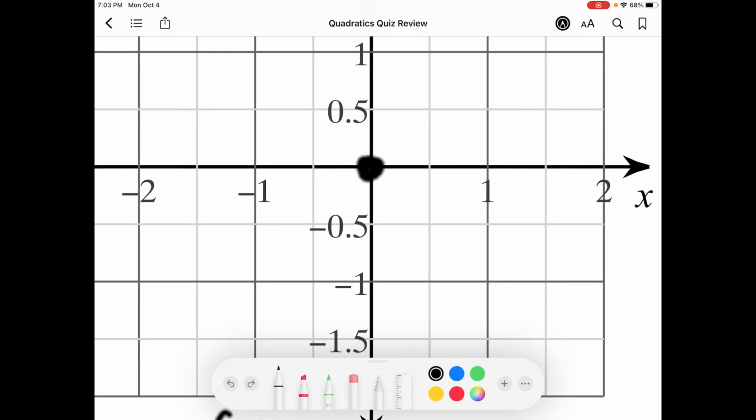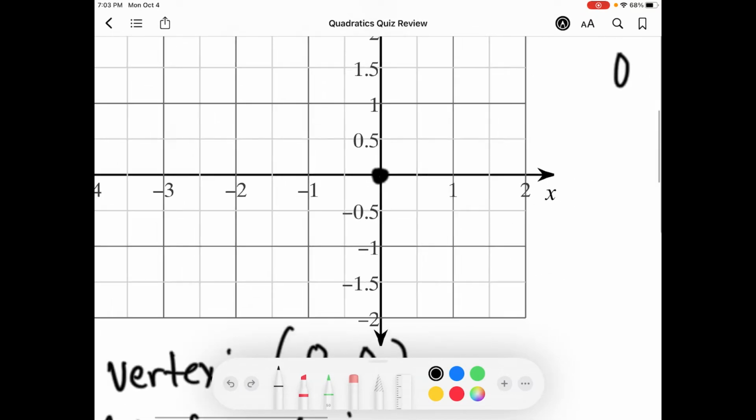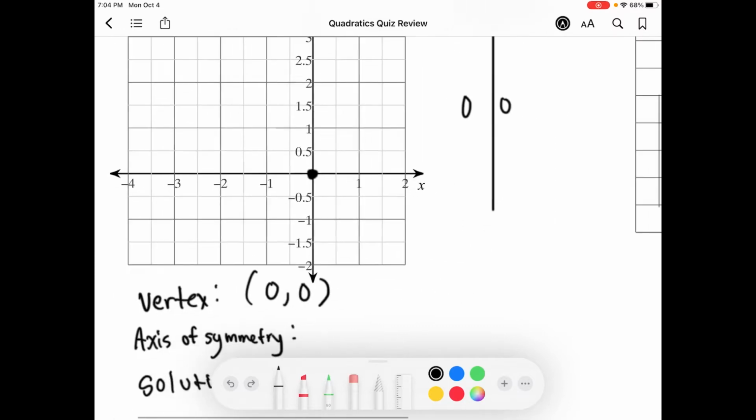X value is 0. We want to pick one value that is exactly 1 to the left and 1 to the right of our vertex, right? We want 2 points that are the same distance from our vertex, 1 on each side, because since parabolas are symmetrical, if I pick 2 points that are the same distance from my vertex, the y value is going to be the same whenever I plug it into the function, so it just makes it less work for me, right?